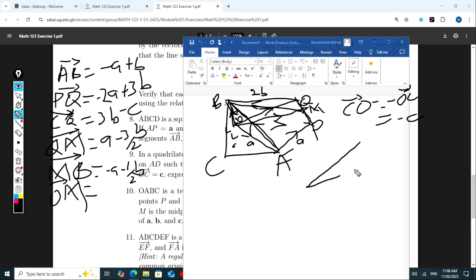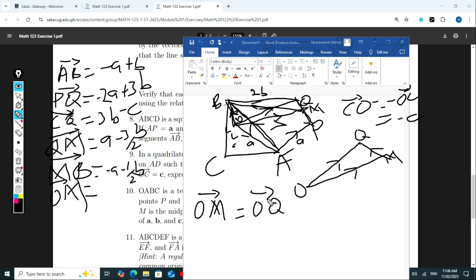M is here, Q is here, then O is here. So using this triangle and the triangular law, we can say that OM is equal to OQ plus QM.